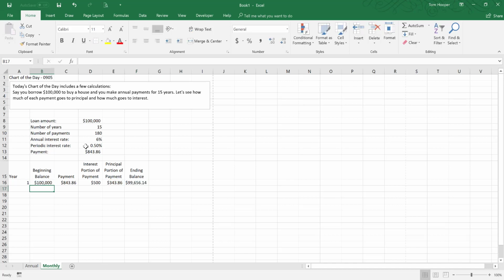And then the beginning balance for the next month is the ending balance from the last month. Better change our label to month.